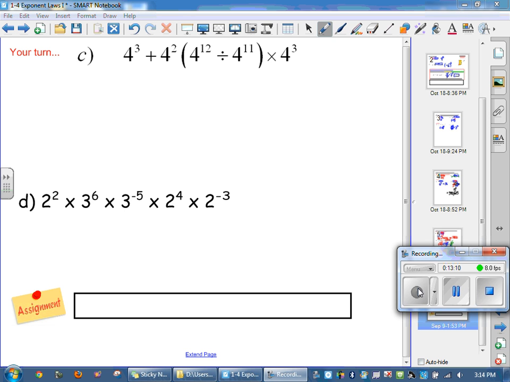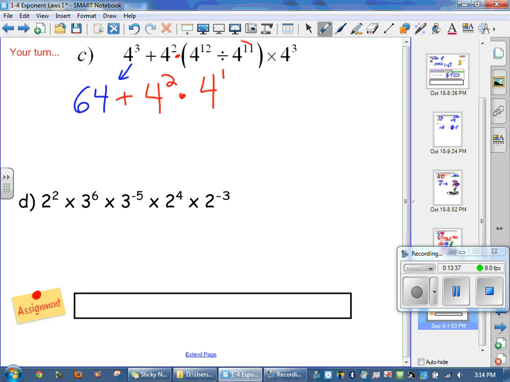You've got 4 cubed. 4 cubed becomes 64. Why did I solve it? Because it has a plus sign adding to the rest of them, which means I cannot use my rules to add that in. So I solved 4 cubed. Now I'm going to take everything else. This means multiply. I'm going to solve inside my brackets, and I'm going to get 4 to the 1, because 12 subtract 11 is 1. And then I times by my 4 cubed on the end.